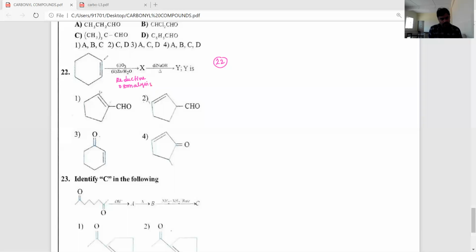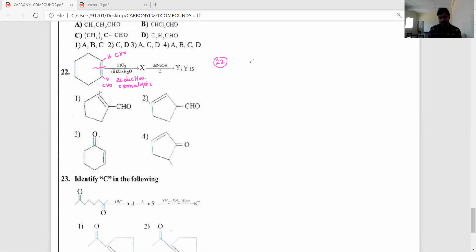Reductive ozonolysis means the double bond is a disubstituted double bond. If you observe, the symmetrical disubstituted double bond is converted into an aldehyde CHO group, and this is also converted into a CHO group. So total how many carbons are present? 6 carbons are present, and 1,6-diol will form.